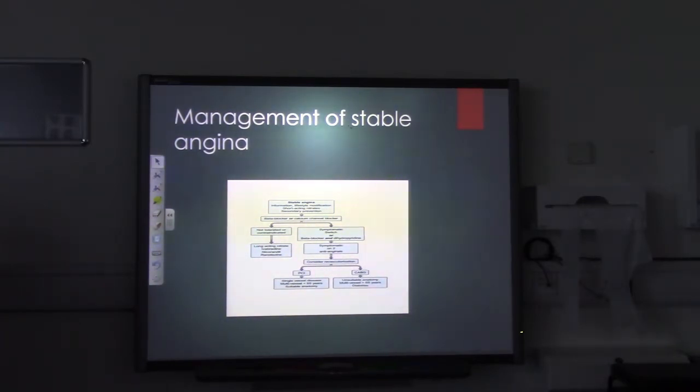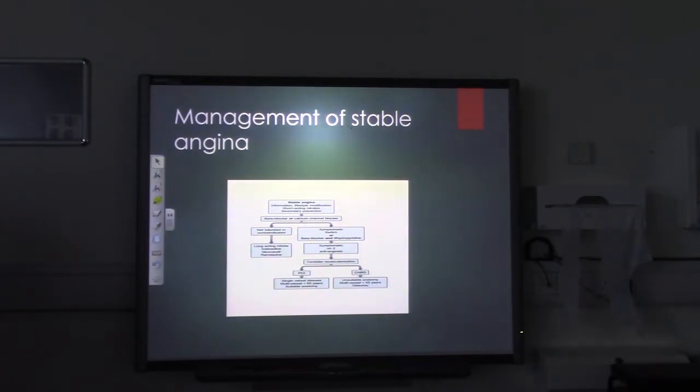If you're still symptomatic on the two anti-anginals, or your patient doesn't tolerate the beta blocker or the calcium channel blocker, then you would think about percutaneous coronary intervention or coronary artery bypass grafting, and there are some guidelines provided by NICE. So lifestyle, short-acting nitrates as short-term or prophylactic prevention of the anginal pain.